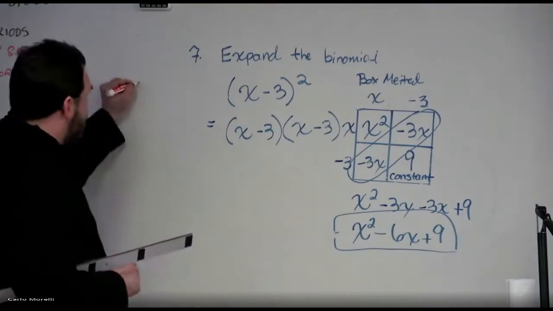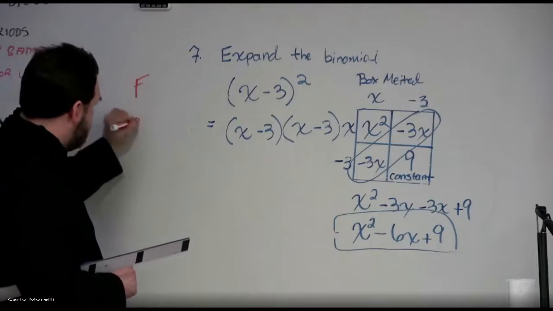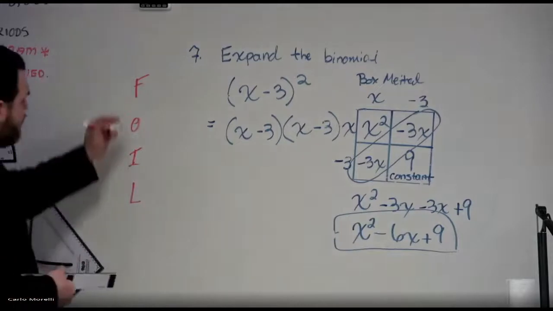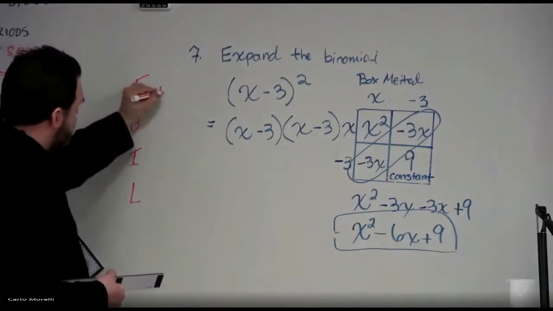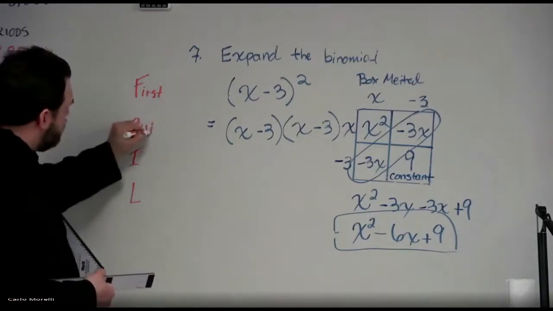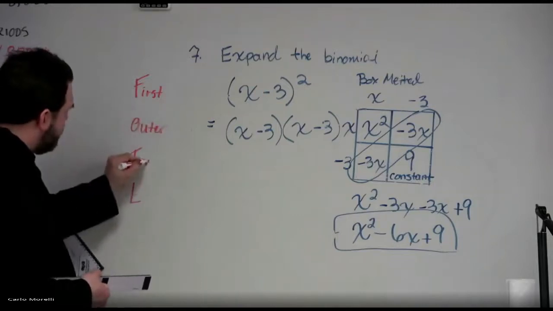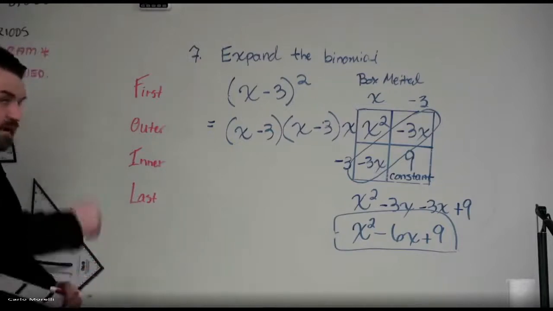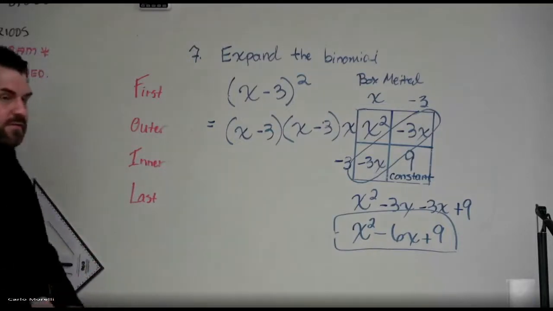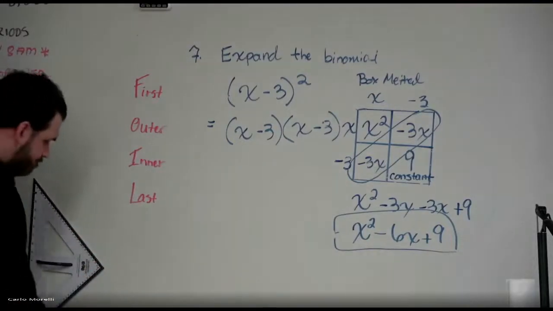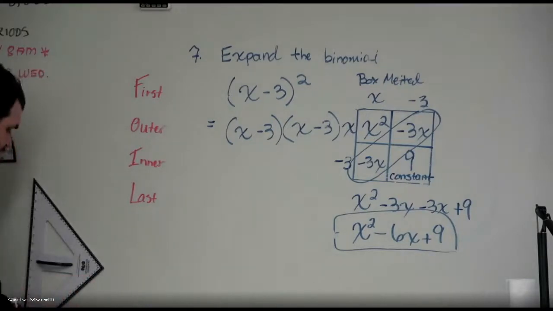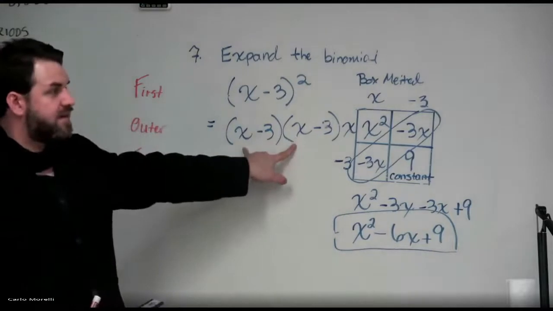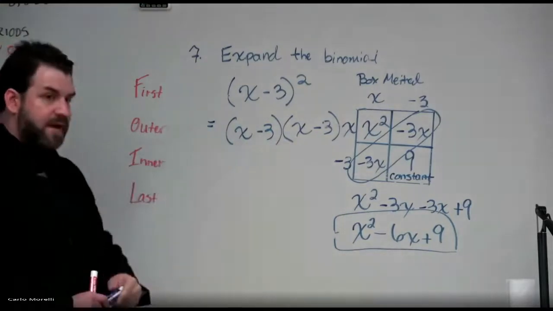So over here, we're going to write FOIL. F-O-I-L. FOIL. F stands for first. O stands for outer. I stands for inner. And L stands for last. Okay? So let me show you something cool. A student taught me this. What it means is, for first, it means multiply x times x, the first terms of the binomials.